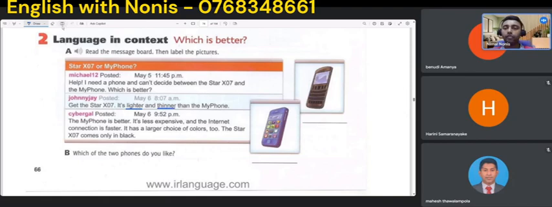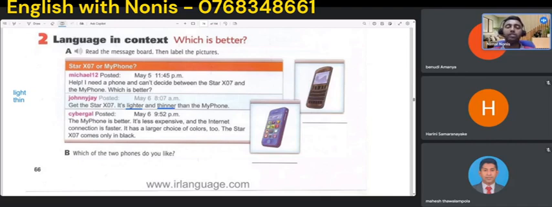If you look at the words light and thin, light and thin are adjectives. To describe a noun, you can use an adjective. A light computer, a light bag, right? Thin is also an adjective. A thin person. So these are adjectives.